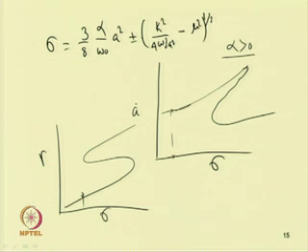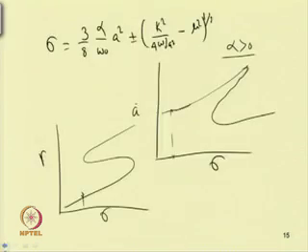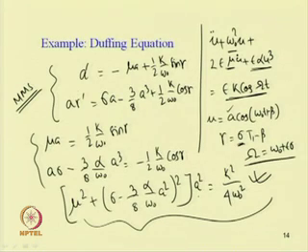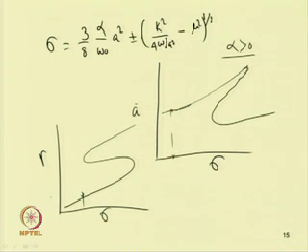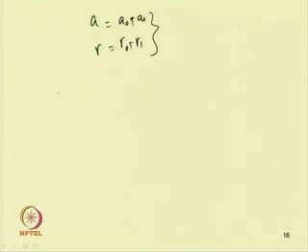So, to check the stability of this point, one can perturb the solution, that means taking A equal to A 0 plus A 1 and gamma equal to gamma 0 plus gamma 1. So, one can perturb the A dash and gamma dash equations, and by substituting this A and gamma in that equation, one can obtain the Jacobian matrix.